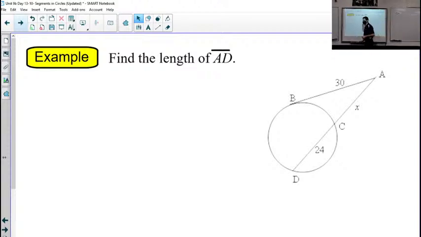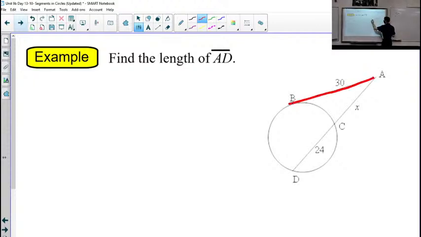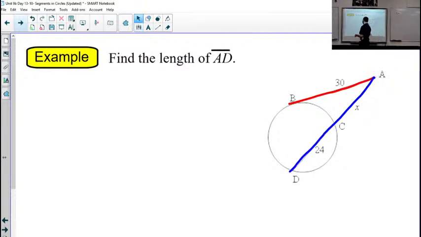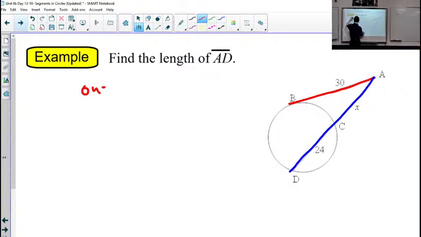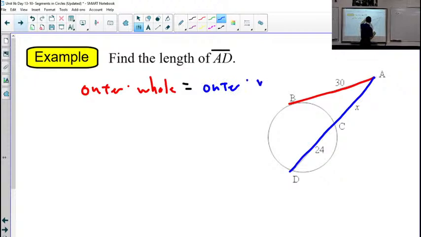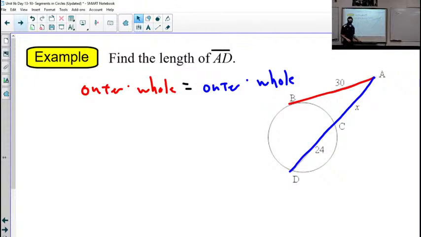All right, let's talk about setting this one up. Again, we're not going to solve it because that's more complicated than we do here. There's red, there's blue, and we are still doing outer times whole. Your notes are going to treat this as a new theorem, but I'm not going to, because it's still outer times whole.